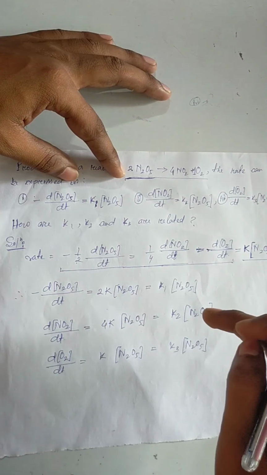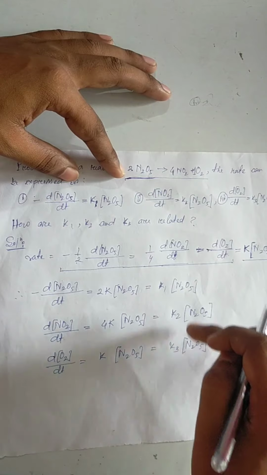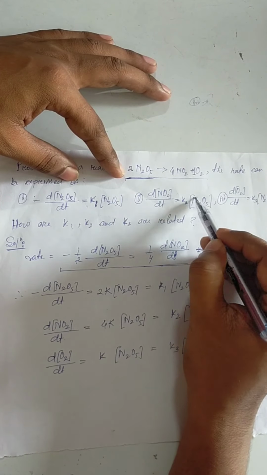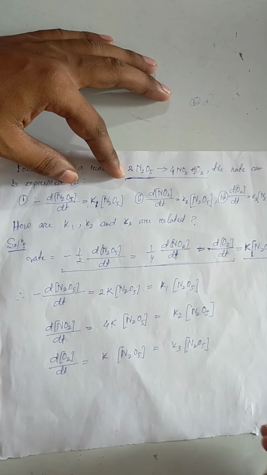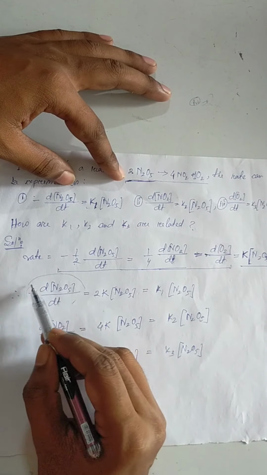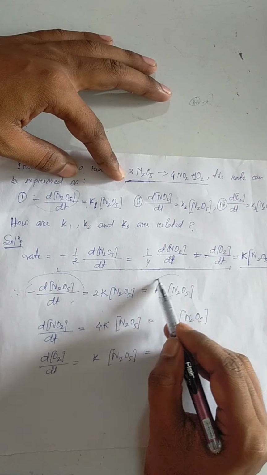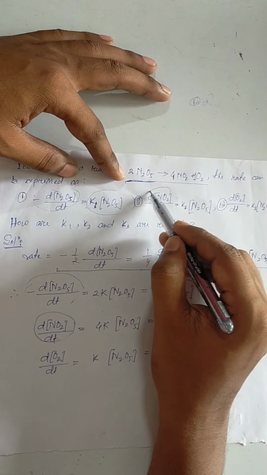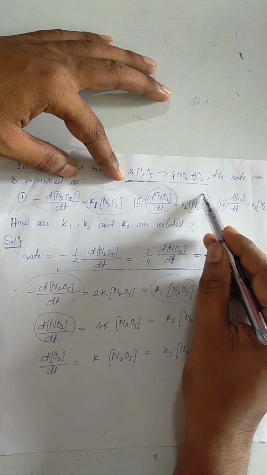We are writing this part because this is the condition given in the question. These are the conditions. So we can write this part is equal to this part. Next, this one is equal to this one.